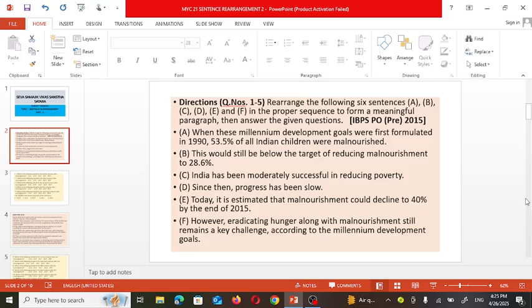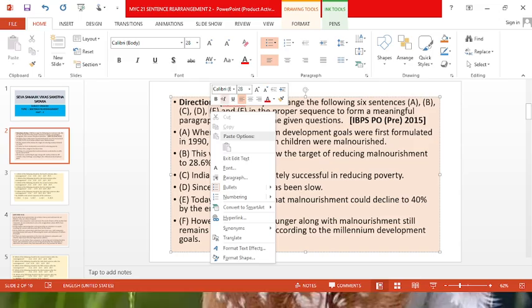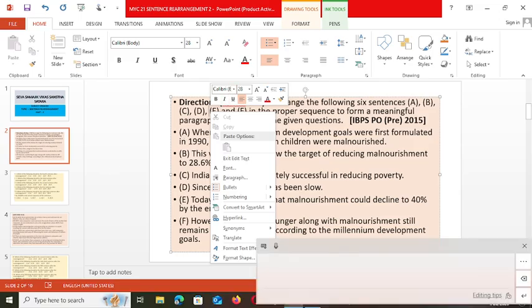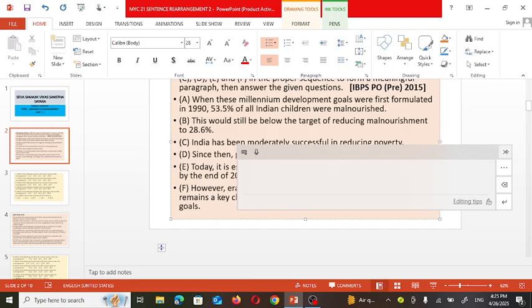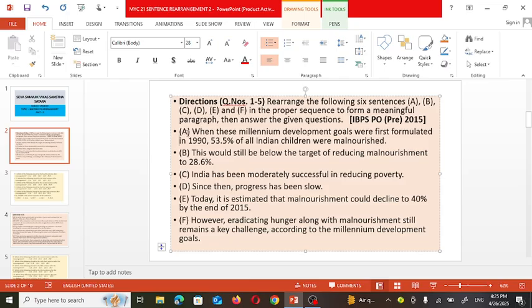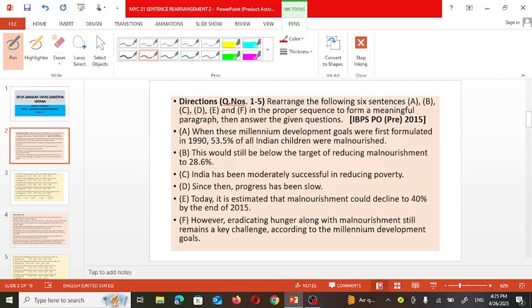First sentence: When these Millennium Development Goals were first formulated in 1990, 53.5% of all Indian children were malnourished.